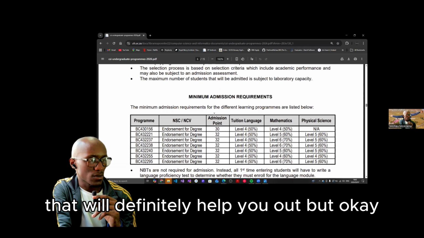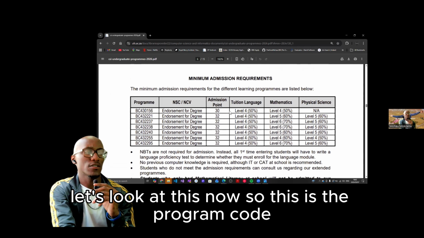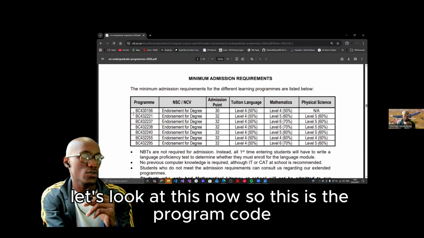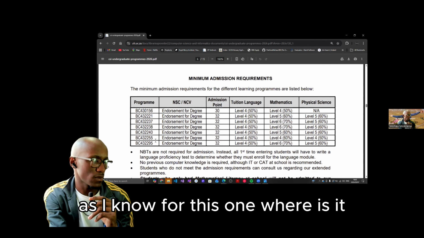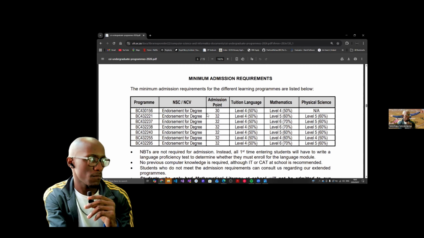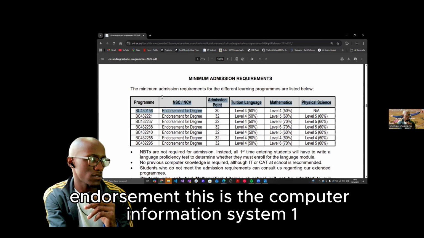That will definitely help you out. But okay, let's look at this now. So this is the program code. Endorsement. This is the computer information system one.